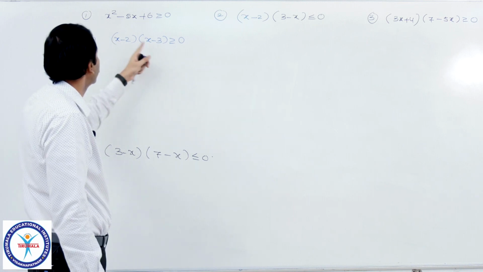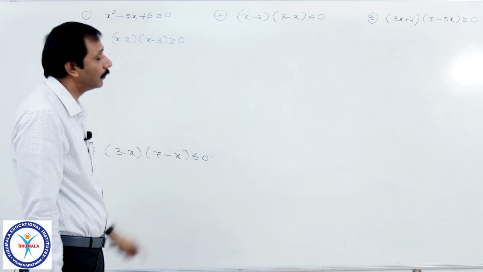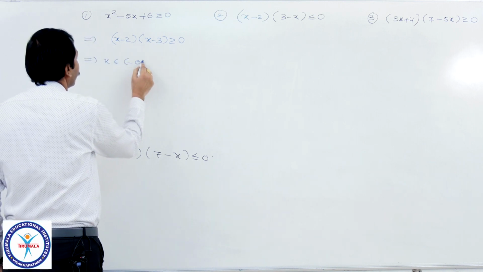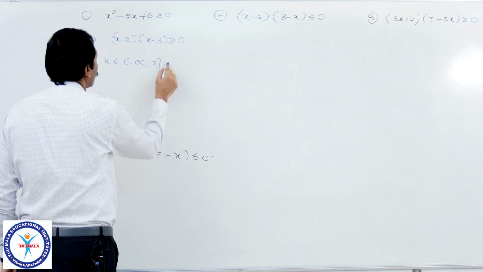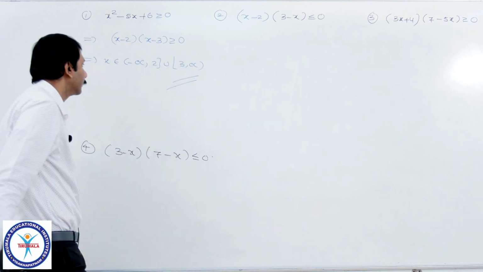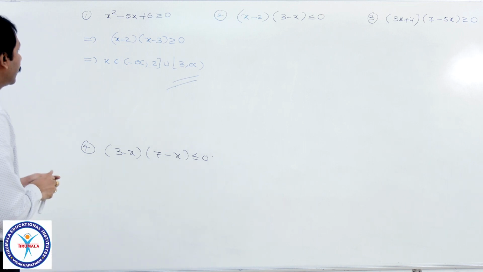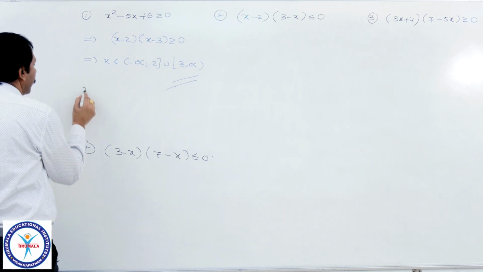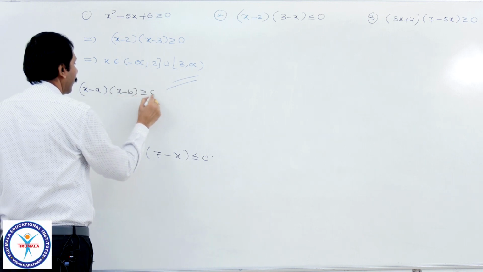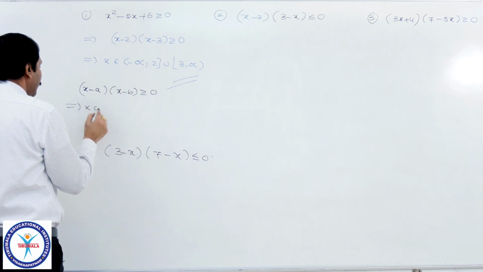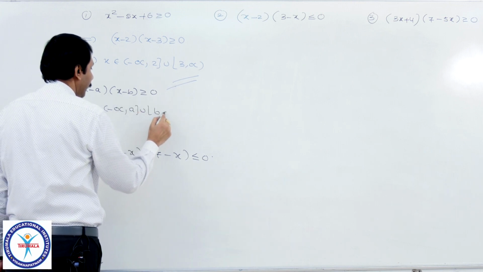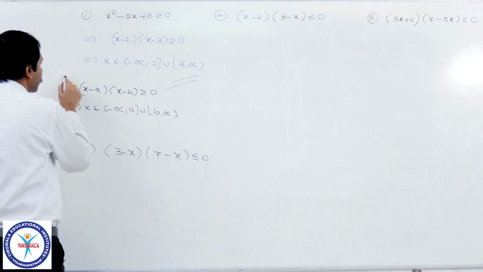Whenever the coefficient of x square is positive, x belongs to (minus infinity, 2] union [3, infinity). Because it is of the form (x minus a) into (x minus b) greater than or equal to 0 implies x belongs to (minus infinity, a] union [b, infinity). It is the form.